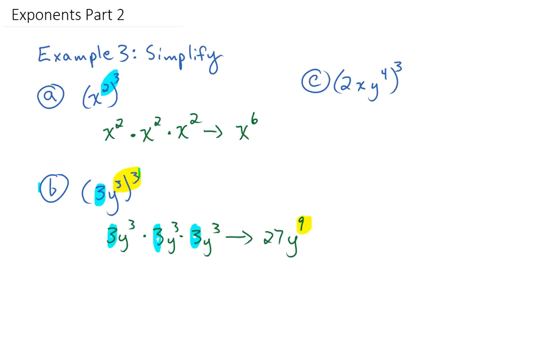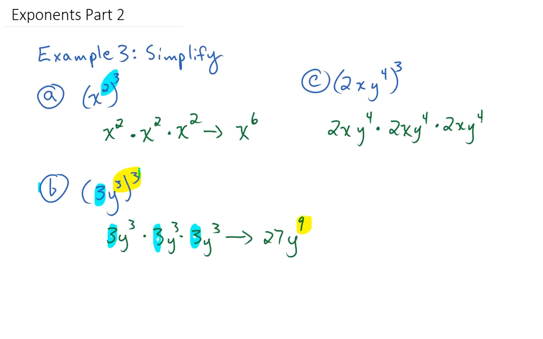This one's about the same, except we have a coefficient and 2 different variables. If you think about it, it's 2xy to the 4th, everything in the parentheses, times itself 3 times. Like I was saying in the previous example, I don't actually expect you to write all that out, but as we're learning, it's helpful to see what's going on.